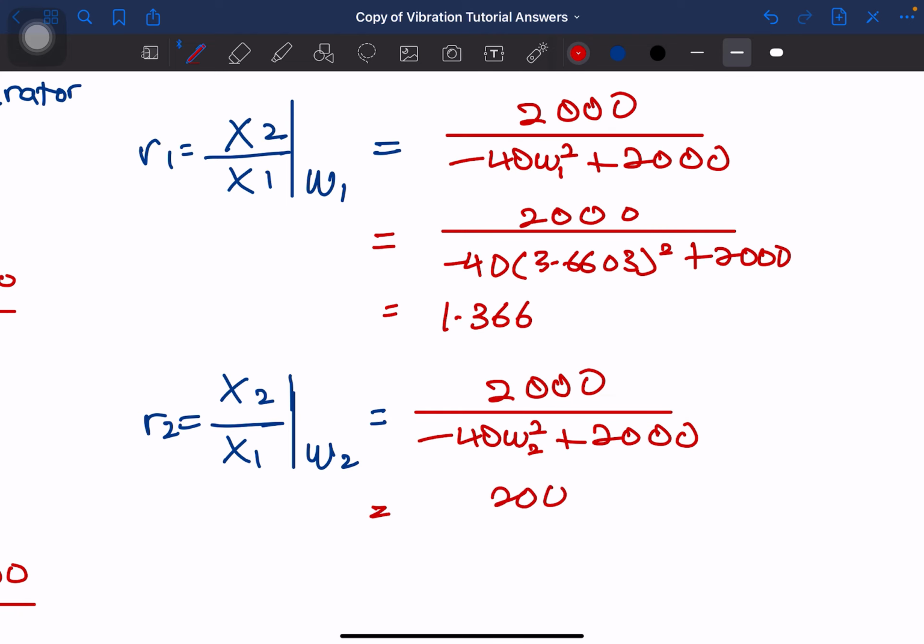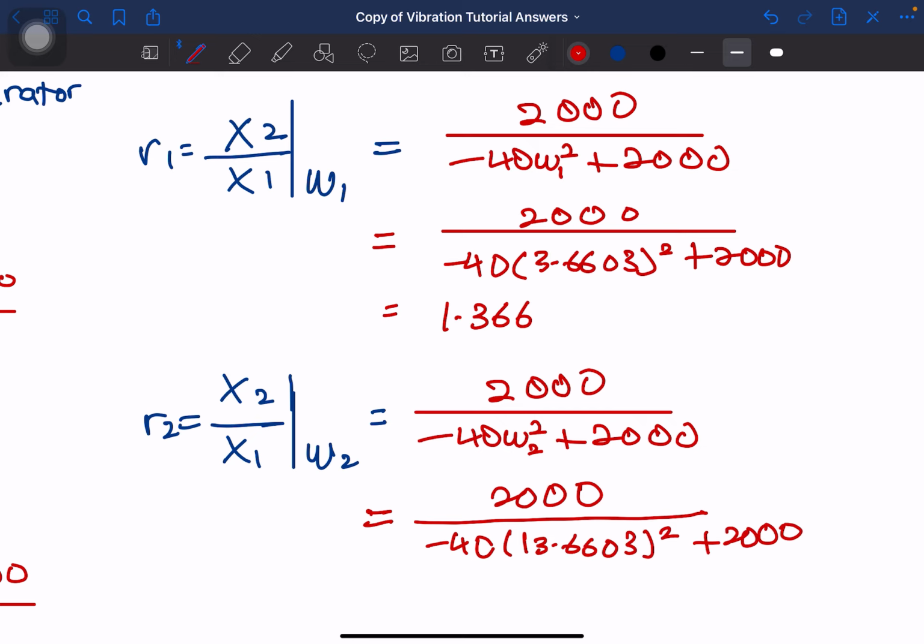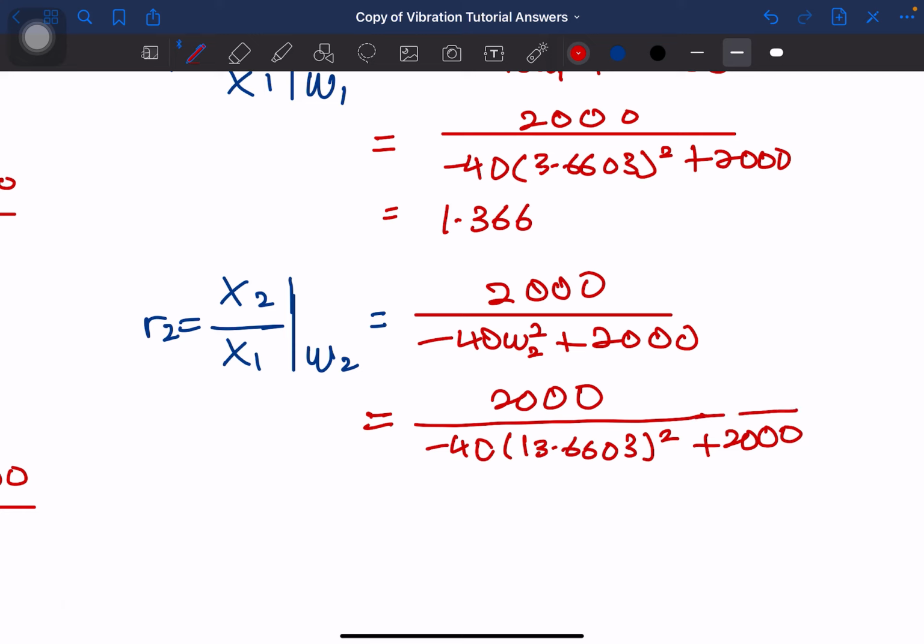Then substitute omega 2 for the second mode shape: omega 2 is 13.6603 squared plus 2000, so you'll get negative 0.366.